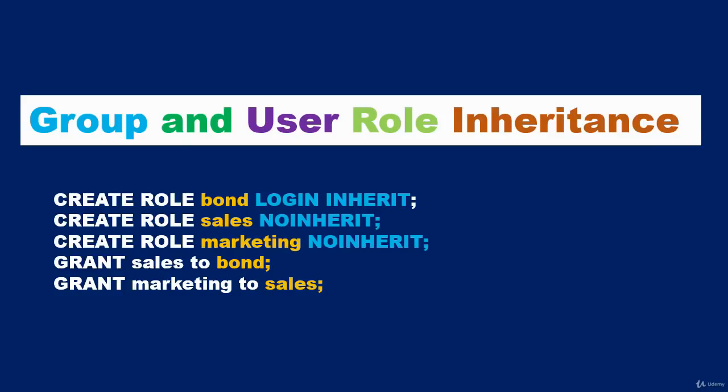Let's take a look at an example script. So this is an example script. With the following script, if you connect to the PostgreSQL database, for example, as the user bond, you will have privileges of bond plus the privileges granted to sales, because the bond user role has the inherit attribute.